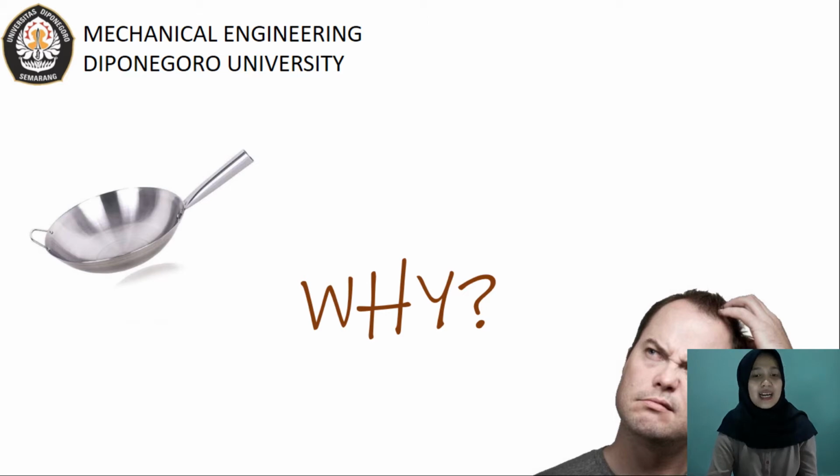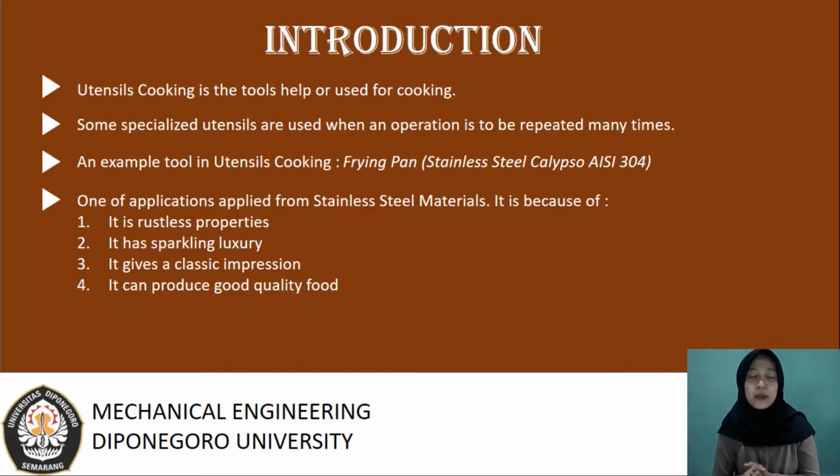Today we would like to bring the Calypso frying pan with the material stainless steel AISI 304 and AISI 316. Because, as we know, the frying pan is one of the cooking utensils that helps us cook in our daily needs.